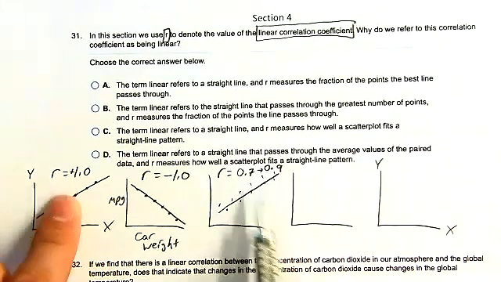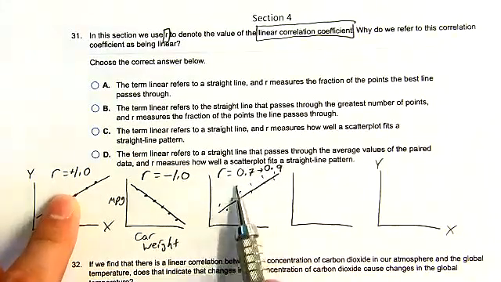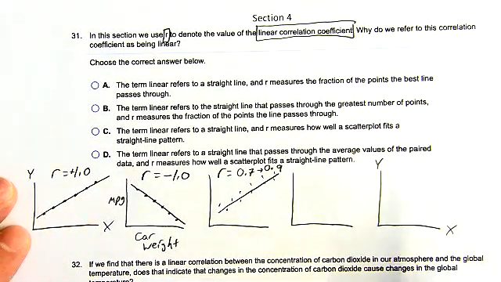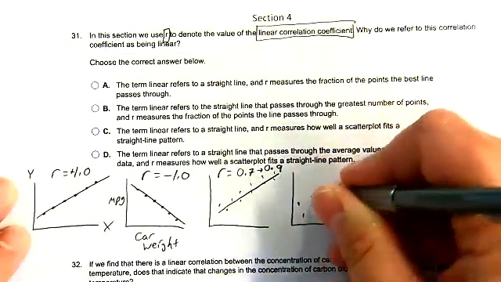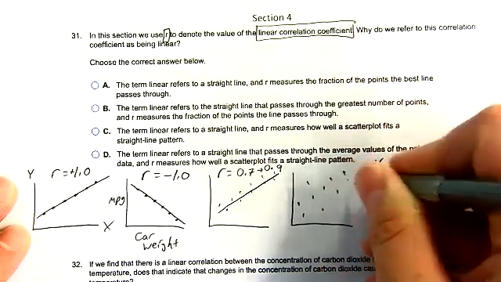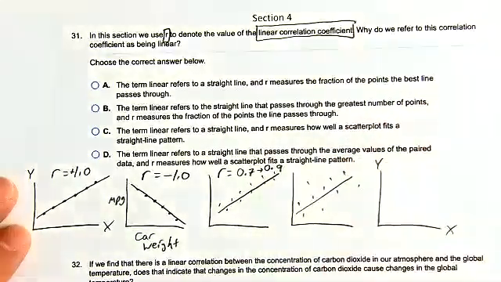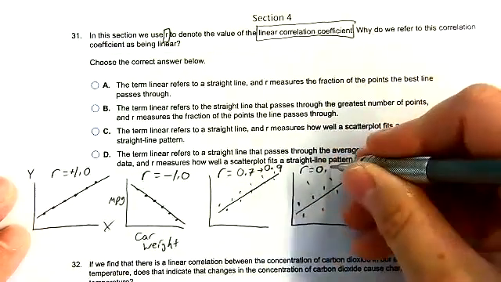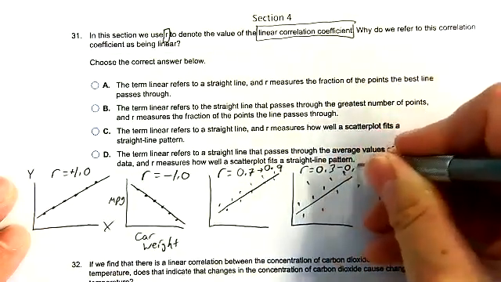So one is perfect. These dots are a little bit scattered from the line, so it's more like 0.7 or 0.9. Okay, let's say the dots get really spread out, but the trend is still generally up and to the right. This is an R value of like 0.3 to 0.5.